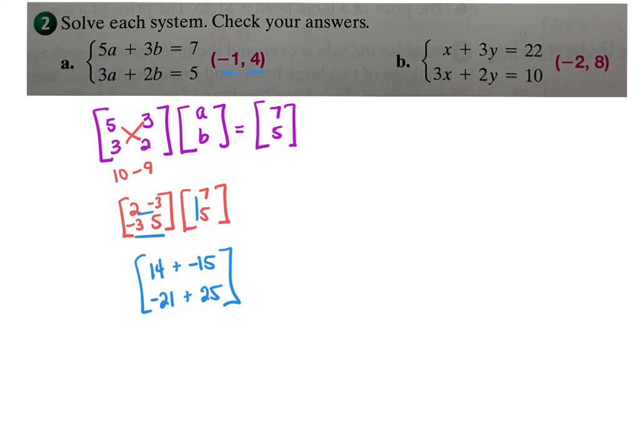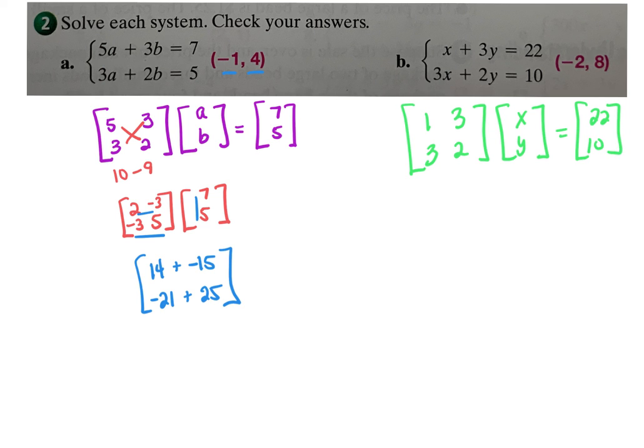B, coefficient 1, 3, 3, and 2, variable and constant. All right, determinant. 1 times 2 is 2, minus 3 times 3 is 9.